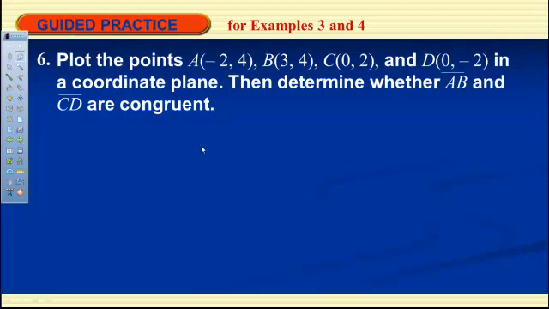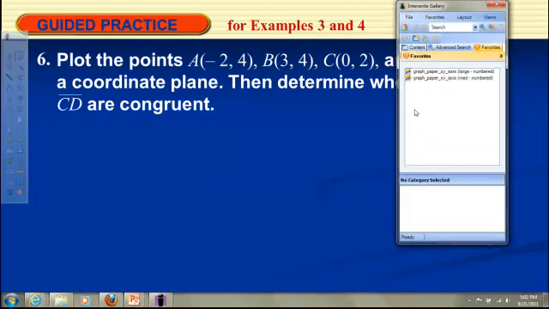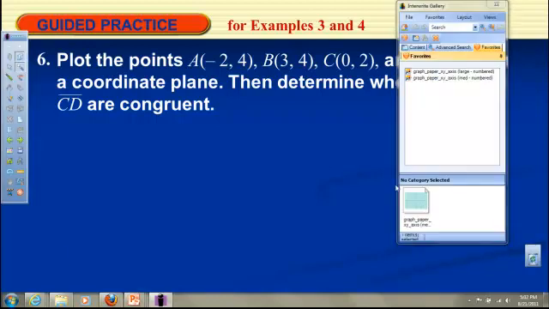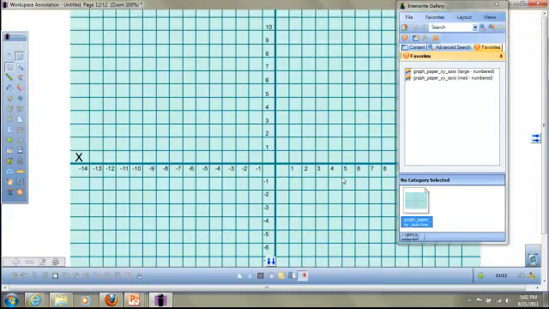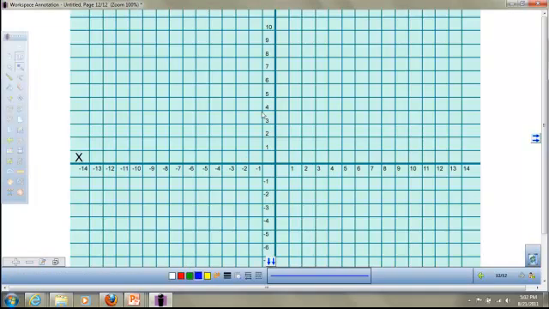Okay, for this last one, I'm going to pull up an actual graph so that we can graph them. I've got the points written down, so I'll just plot them on a coordinate plane. I'm going to close this. The points here are A, which is at -2, 4.